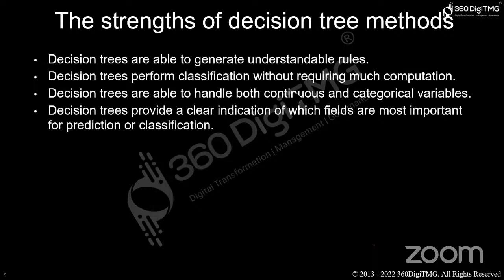Now, the primary challenge in the decision tree is to identify which attribute we need to consider as the root node at each level. This is the main challenge in decision tree implementation.